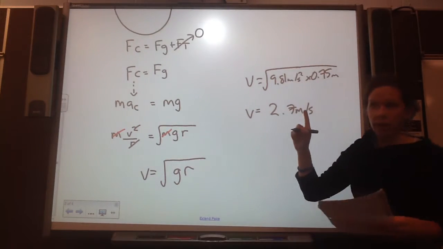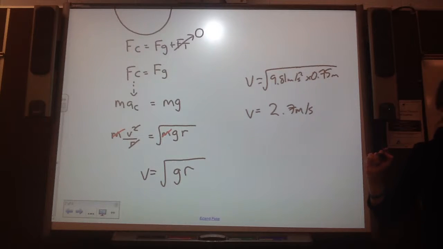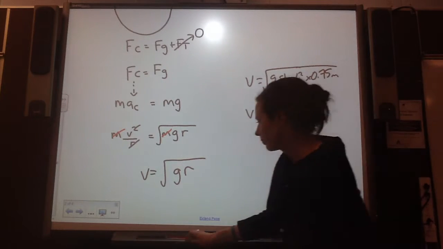Make sure that you've square rooted it. If you just got an answer of like 7.35, you haven't square rooted it yet. Good? Okay, example 2.